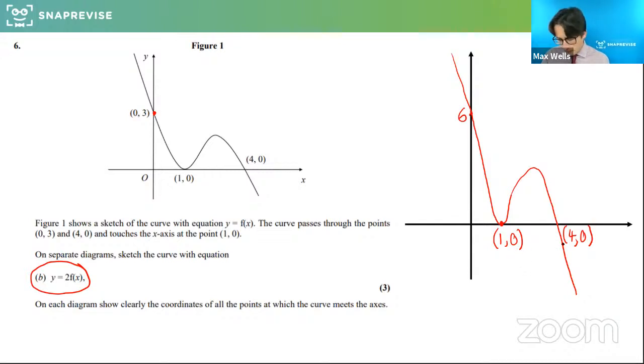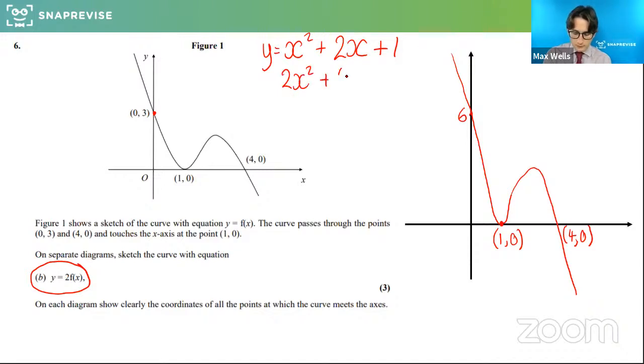And this is an important point because actually it ties in with some of the stuff we've done in the earlier chapters of year 12. So for example, if you're given a quadratic graph, imagine you've got y equals x squared plus 2x plus 1, and then we have the graph of 2x squared plus 4x plus 2.